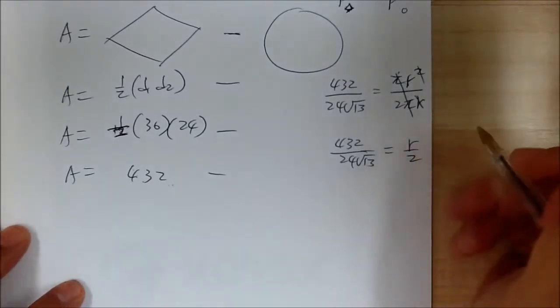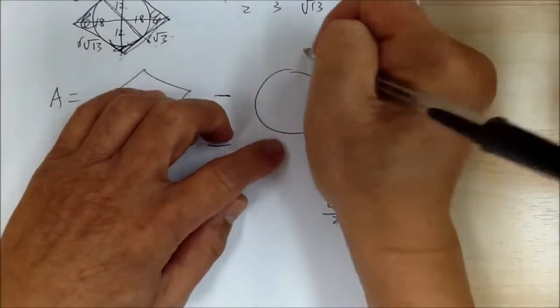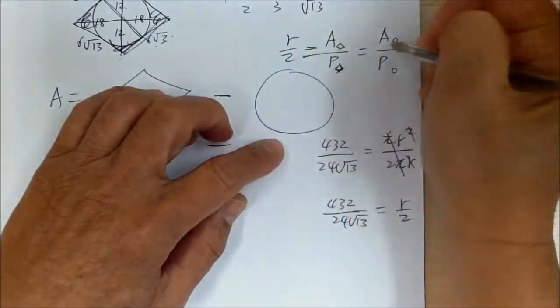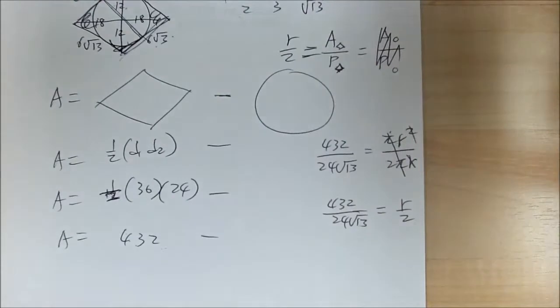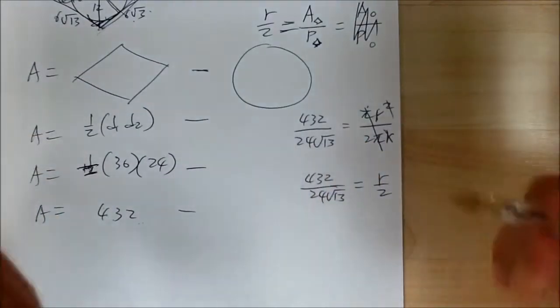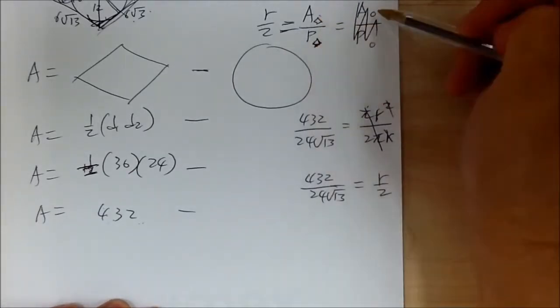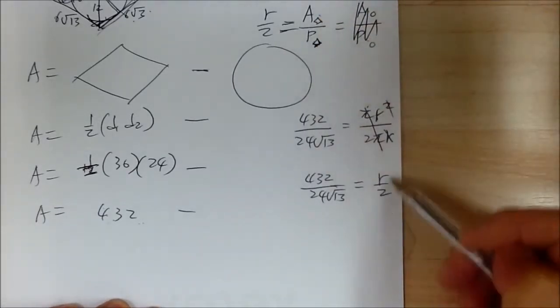So here's kind of your shortcut. If you want to memorize this, it will equal r over 2. But if you don't remember the r over 2, just go and derive it. Use your ratio, similarity, right? So you have area over perimeter equal to area over perimeter, and you can reduce that.